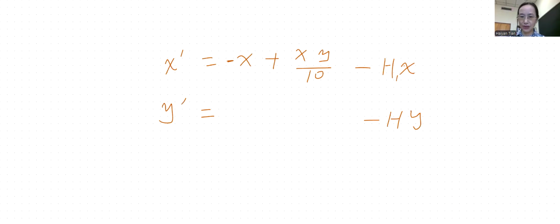Yeah, that is probably more reasonable. The original equation has the term Y and minus XY over 5. But the only difference for this new system is we introduced the harvesting.